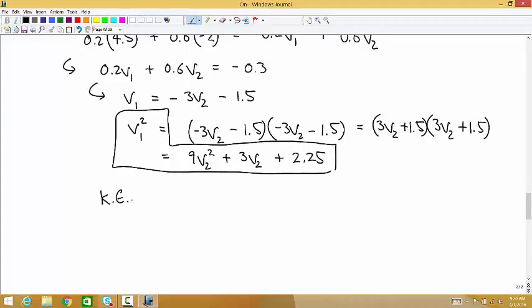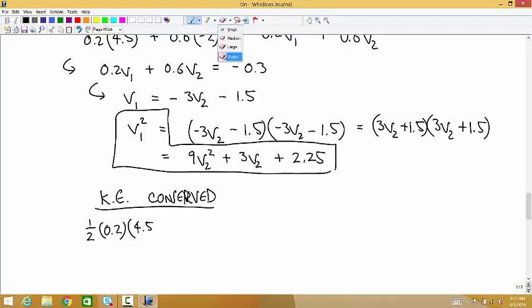So now we have to use the fact that the kinetic energy is conserved. So we have 1/2 times 0.2 times 4.5. Oh, I keep doing that. I did that last time too. Thank you.